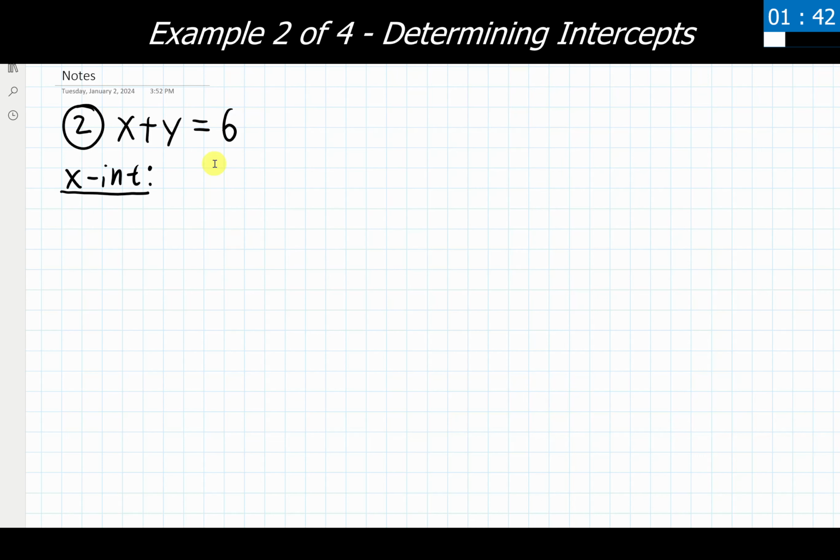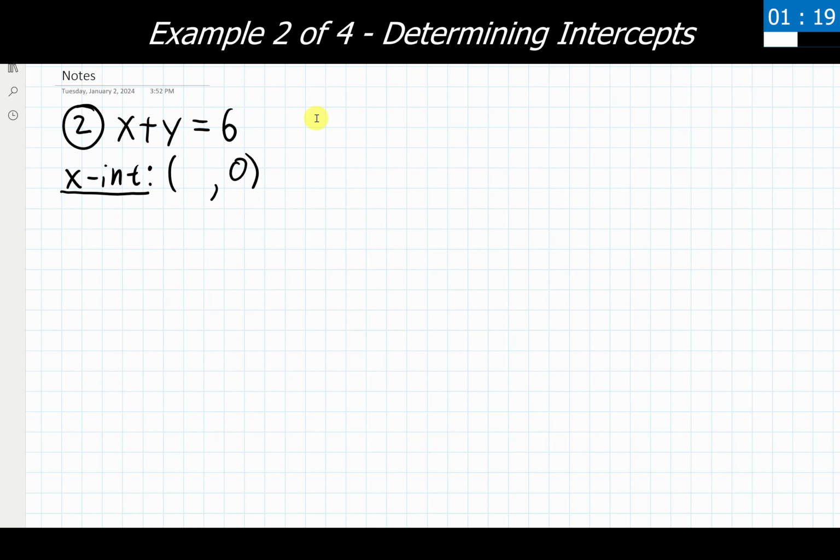I think it's also very handy to write the general framework for what our final answer is going to look like. The x-intercept is always going to be of the form some number, comma 0. So the y value is always going to be 0 for the x-intercept.